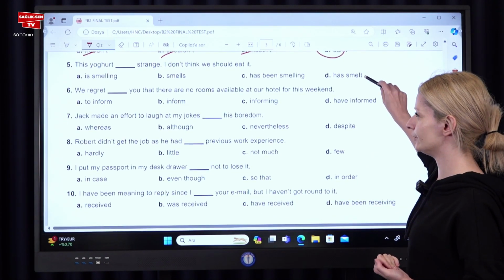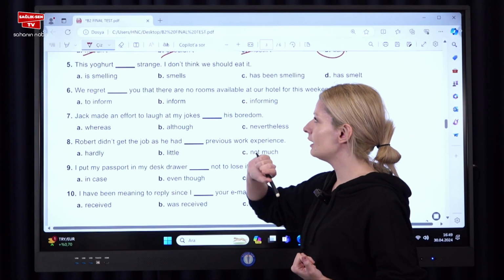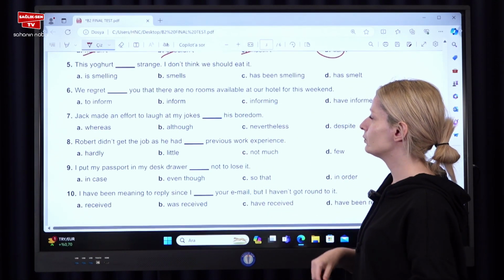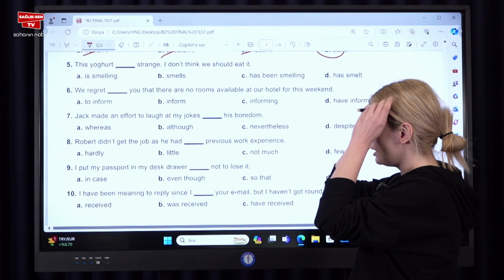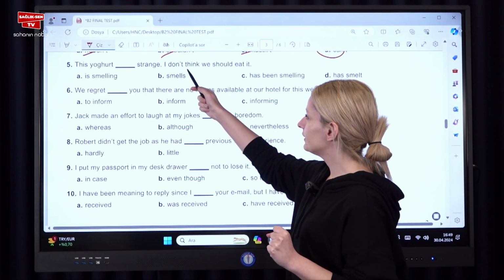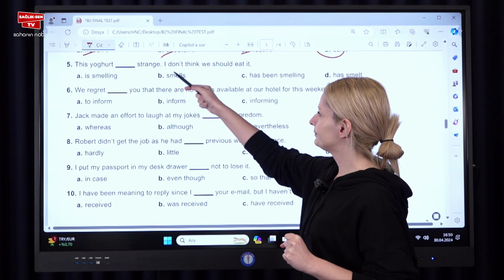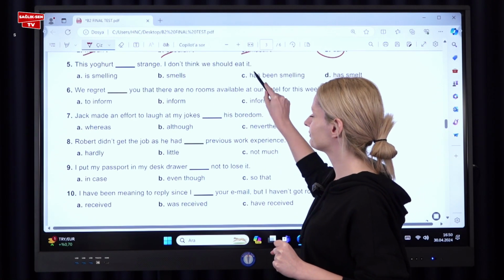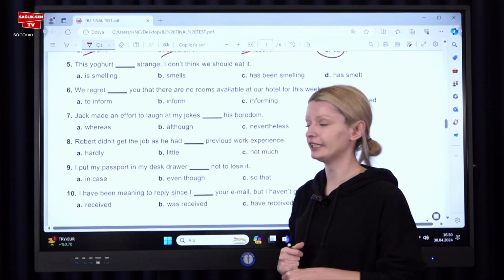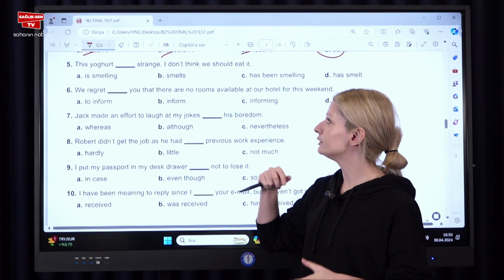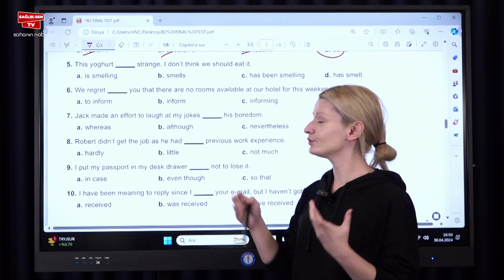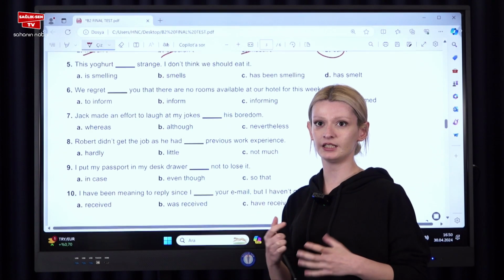Let's continue. "This yogurt blah blah strange. I don't think we should eat it." We have a result here. Our conclusion is that we shouldn't eat it.